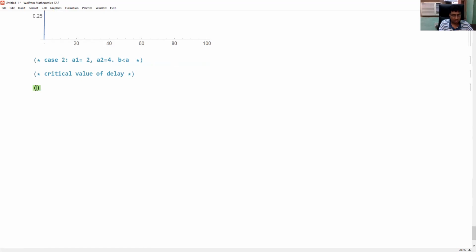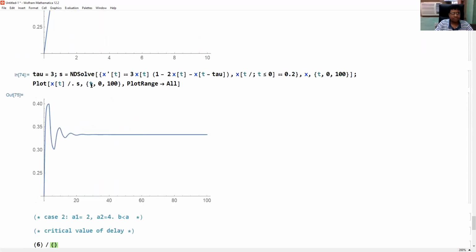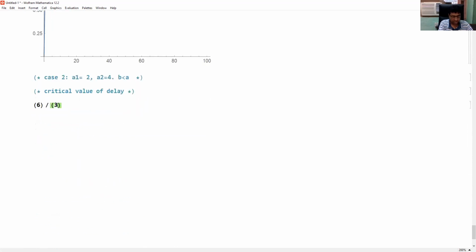A1 plus A2 means 2 plus 4, 6, divided by R. What is our R? Let us consider R to be 3 only. We may take other values also, into square root of A2 square minus A1 square. So 4 square is 16 minus A1 square, 2 square, 4.